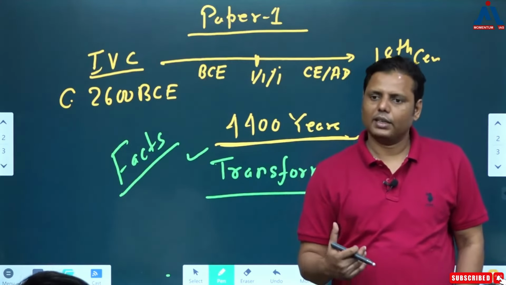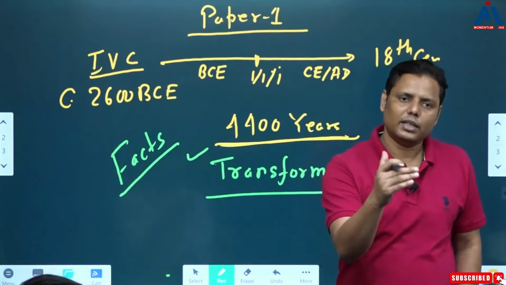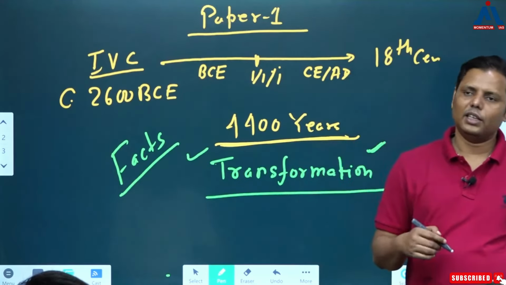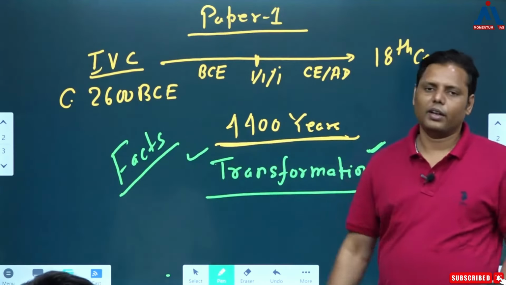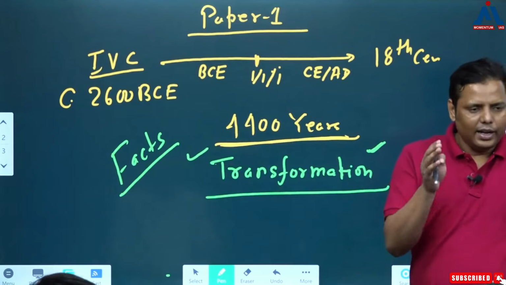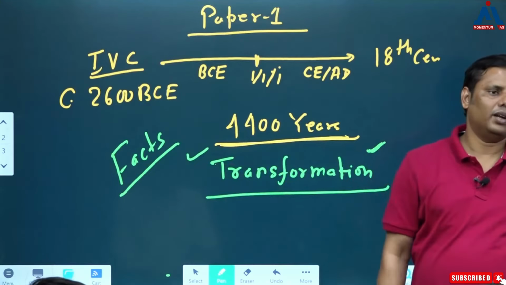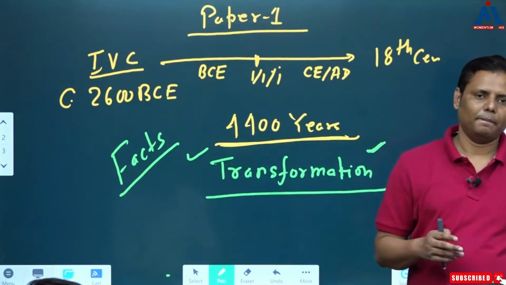So facts are definitely needed, but only to a certain extent. It is not that you give ample amount of facts and then you perform very well, it's not possible. Here, in every question you have to show the concepts. Correct?